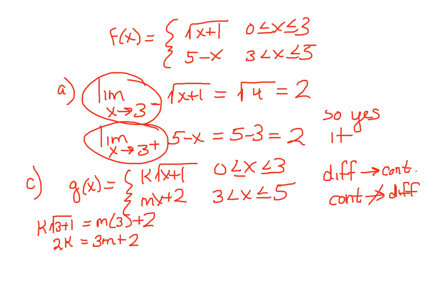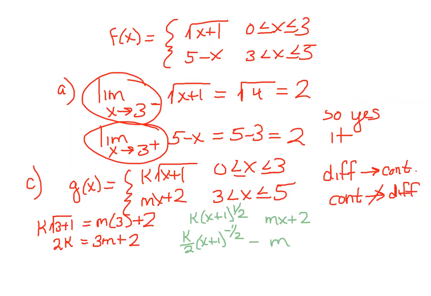And if it's differentiable, we've got to take the derivative of these. The derivative of k times x plus 1 to the 1/2 is k over 2, x plus 1 to the negative 1/2. And the derivative of mx plus 2 is m.